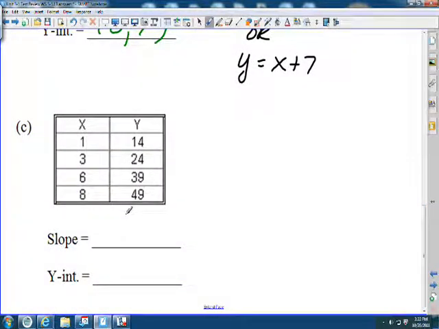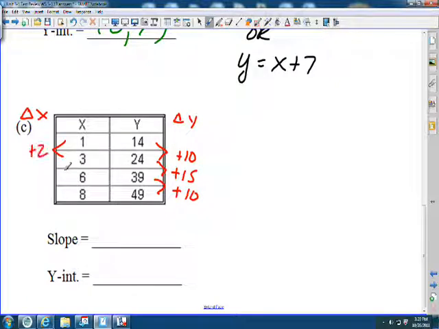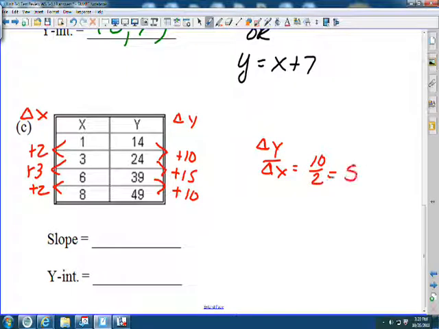Next one, finding my slope. Delta y, the change in y, plus 10, plus 15, plus 10. Delta x, plus 2, plus 3, plus 2. Delta y over delta x, 10 over 2 is 5. 15 over 3 is 5. My slope is 5.